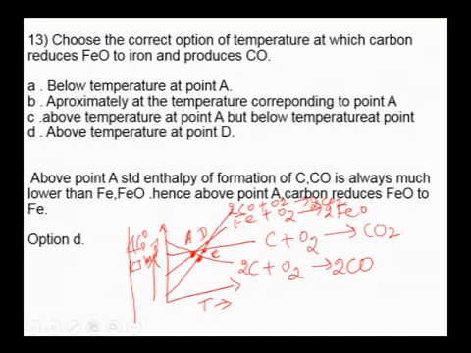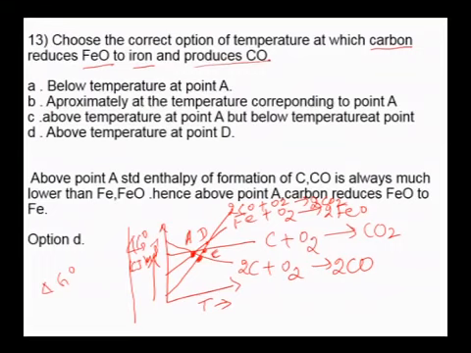In the question, choose the correct option of temperature at which carbon, that is coke, reduces FeO to iron and produces carbon monoxide. The main feature of Ellingham diagrams is that the graph having a lower standard free energy change is more stable and reduces the metal oxide present above it.